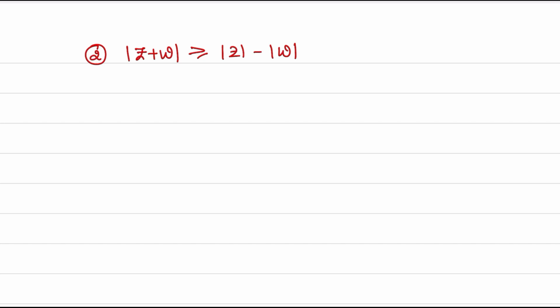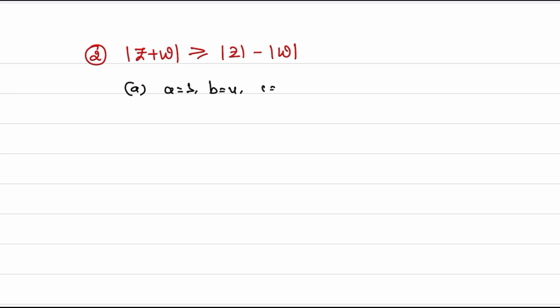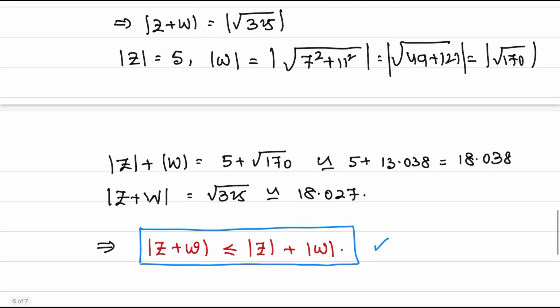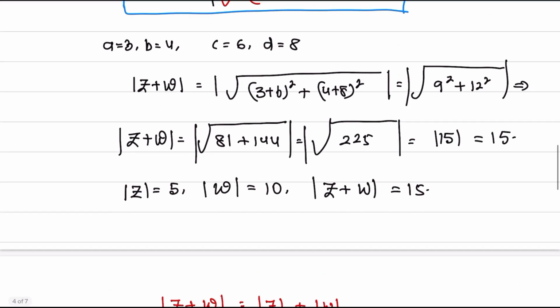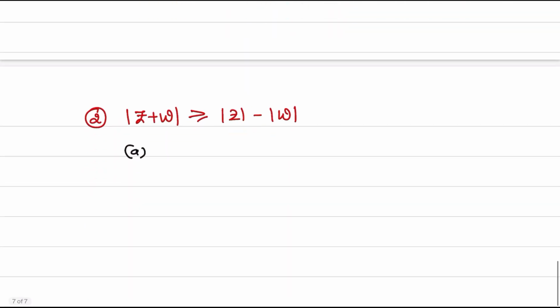You just see, we take the previous values. A, B, C, D, 4 values. We have to give 4 values: 3, 4, 6, 8.